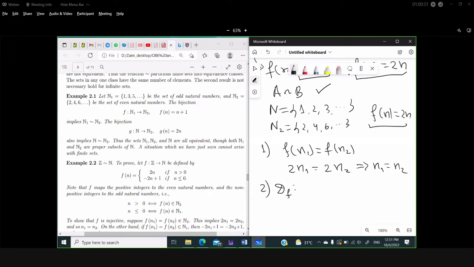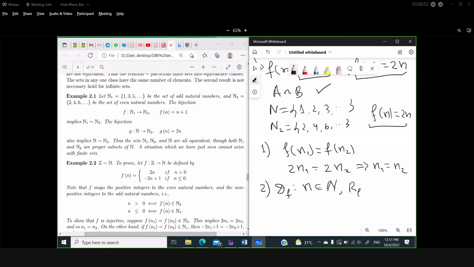The domain of f is for any n from capital N. Actually, the domain is the natural number set, right? Here I can take 1, 2, 3, any number. So that is the domain. And what about the range?